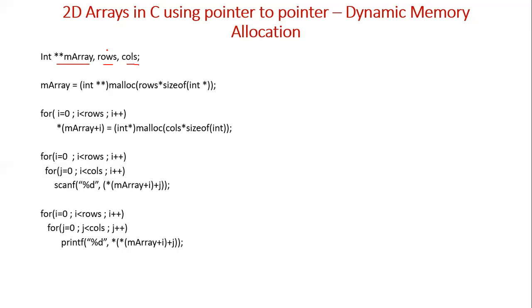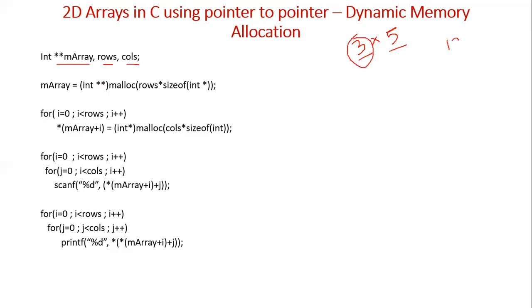As I already said, a two-dimensional array is nothing but a combination of one-dimensional arrays. If the size of the two-dimensional array is 3 into 5, then there are 3 rows and 5 columns, so it is nothing but 3 one-dimensional arrays.